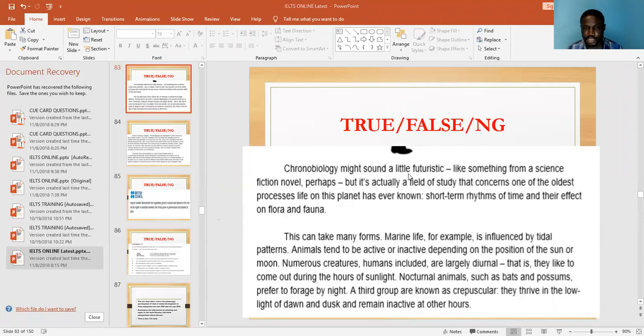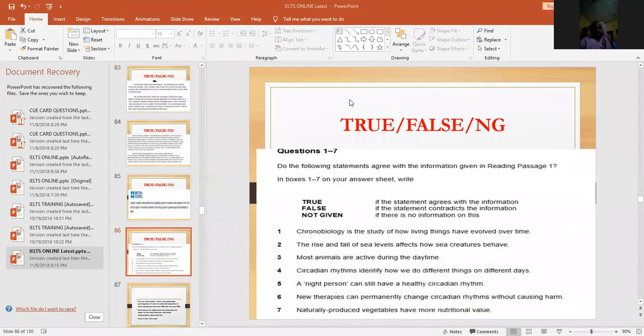Okay, what's the answer? Someone said not given. Any other opinion? False. Okay, any other contrary opinion? True.